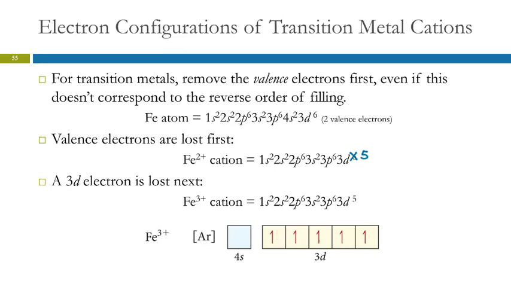I'm going to take this one out. And that's kind of a pleasing orbital diagram, right? The 4s is empty, and the 3D is half full. That looks nice. Any questions? So transition metals take the valence electrons off first. Most of them have 2 valence electrons.